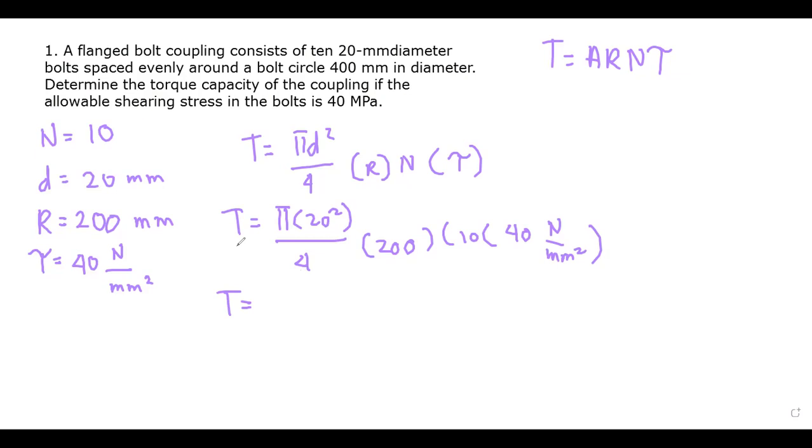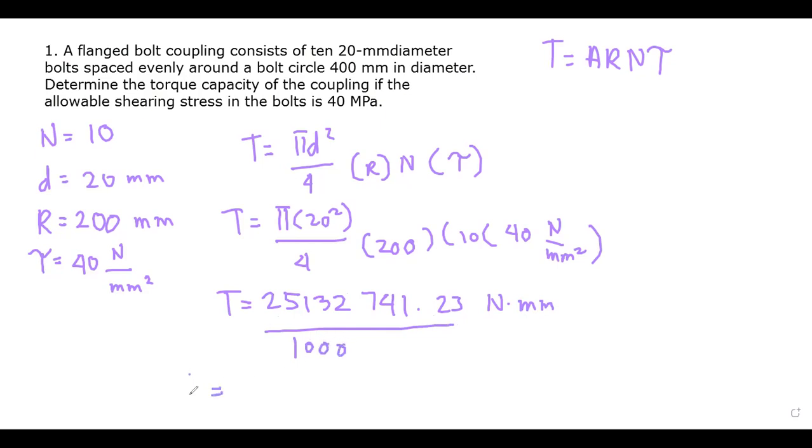Wait lang, ulitin natin. 20 squared times 200 times 10 times 40 pi. Tama ba? Answer divided by 4. So, ayan. Meron tayo 251,327.41 Newton millimeter. And then, para medyo maayos-ayos naman, divide natin ng 1,000.